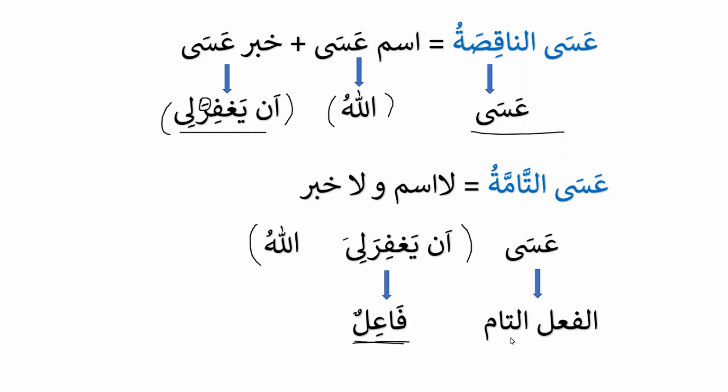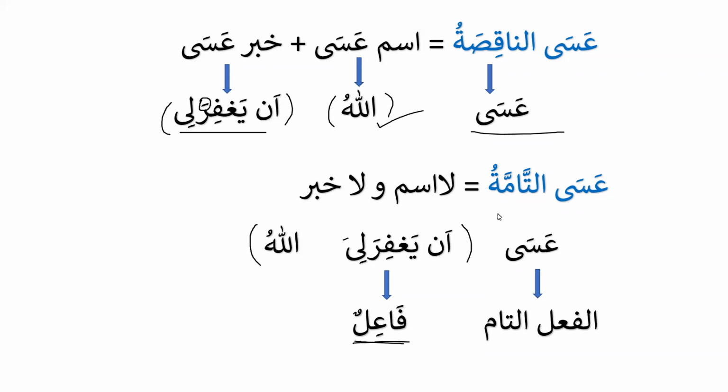So it's very simple. After asa, if you see a noun after that, it means it is defective. It cannot communicate the meaning unless it has mubtada and khabar, ismu asa and khabaru asa.